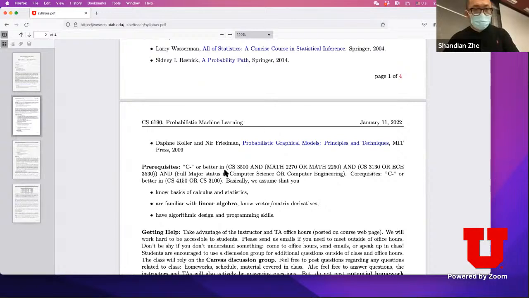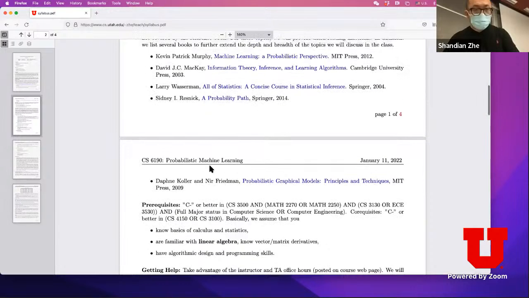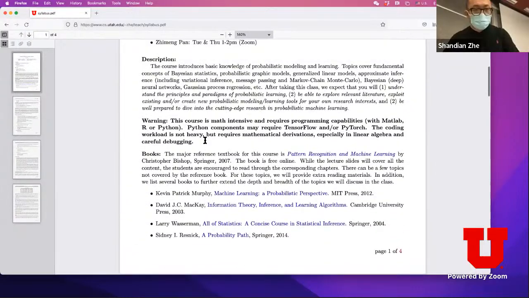You see, they also talk about the courses. I actually don't know the names of the courses; this is just their numbers. But these courses are about fundamental math and also some programming requirements.